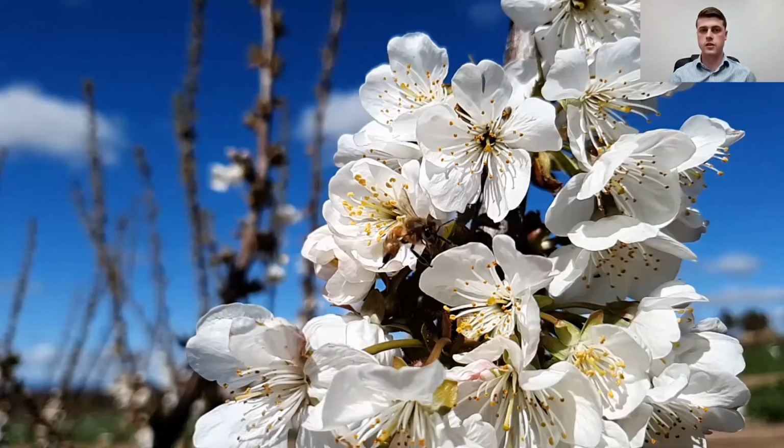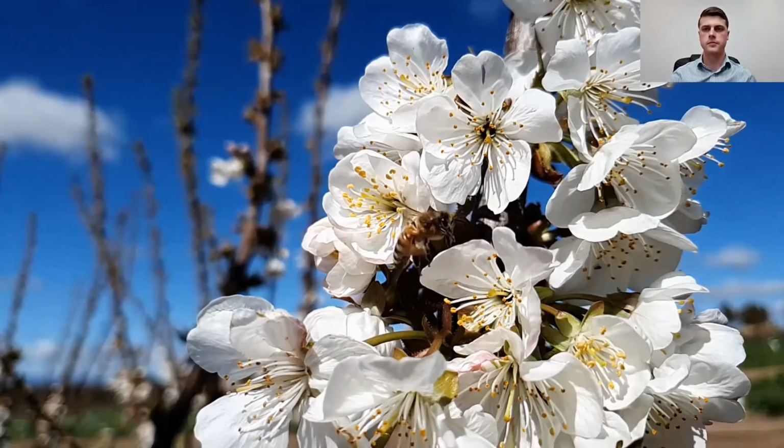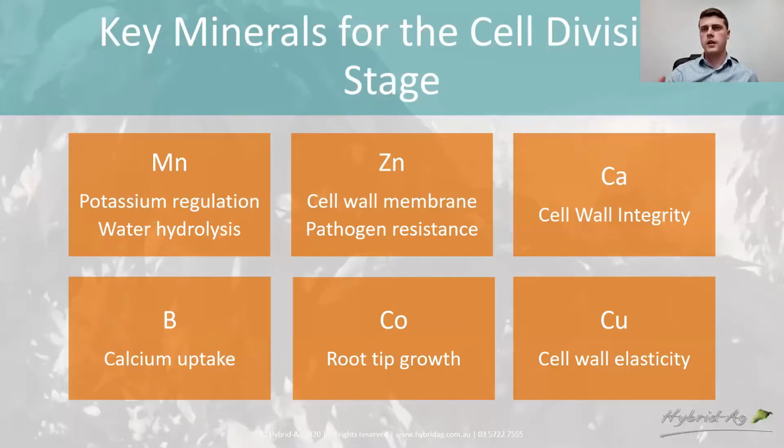Pest and disease can sometimes impact it. Water availability is a really big one, and then there are a number of other nutrients which play a key role in making sure this process happens.